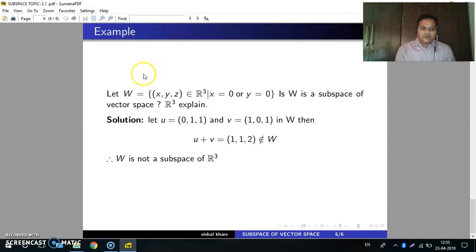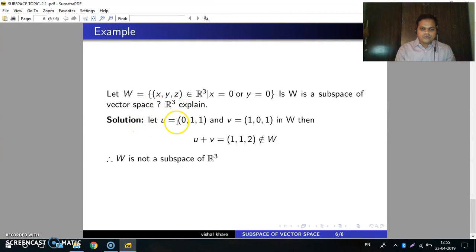We'll take one more example. Let W be equal to the set of all (x, y, z) belonging to R3 such that x equals 0 or y equals 0. Is W a subspace of vector space R3? Explain. Solution.